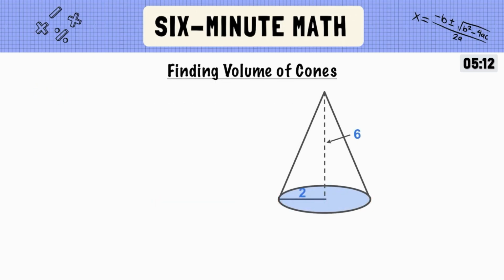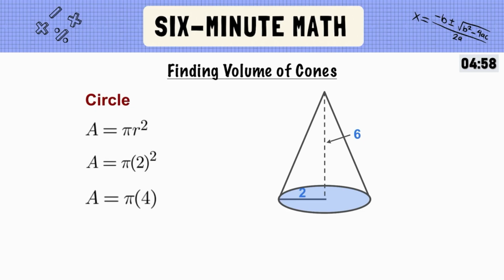So if I look at this cone, we have a radius of 2 and a height of 6. We are first going to find the area of that circle. Area of a circle is pi r squared. We're going to take that radius and square it. That gives us pi times 4, equaling 12.56637.